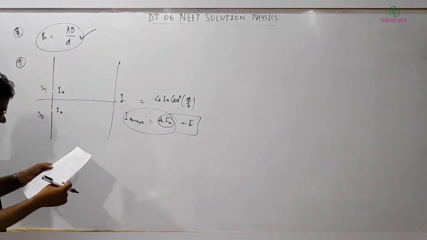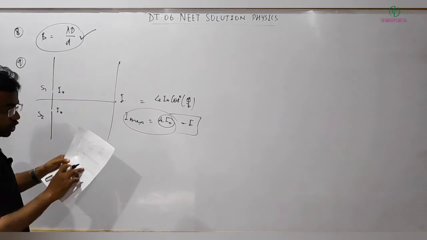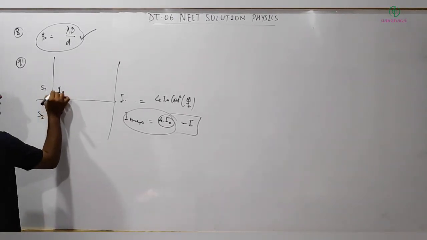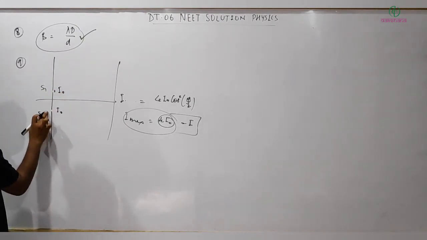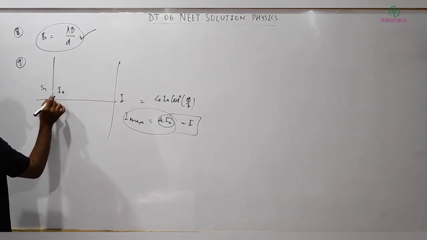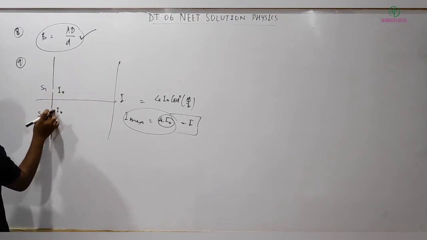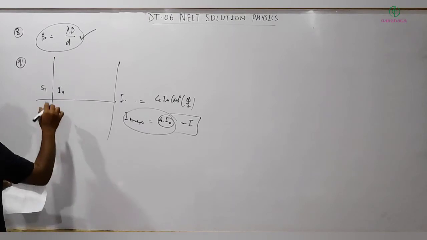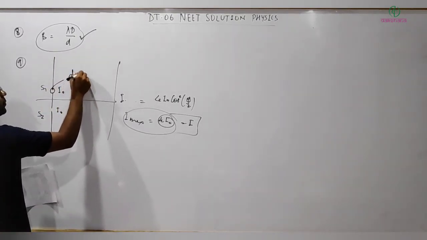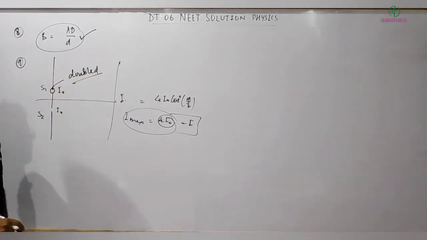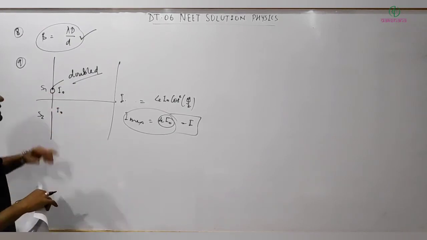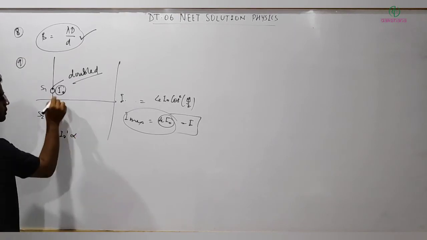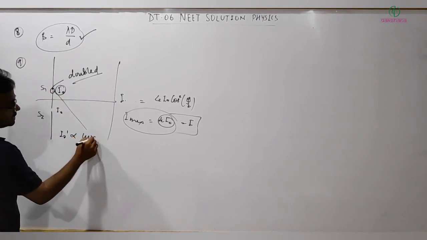Now it's saying that the width of each slit is doubled, and the intensity of maxima. Width of each slit means this width is doubled, so the slits are made wider. In this situation, if more light is allowed, then this I naught prime is directly proportional to the slit width.